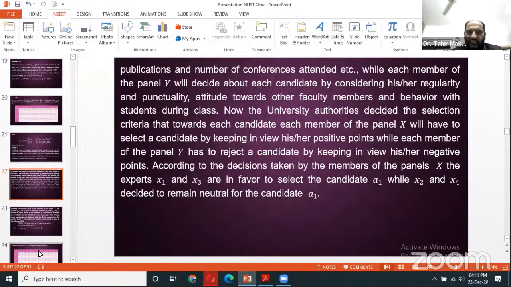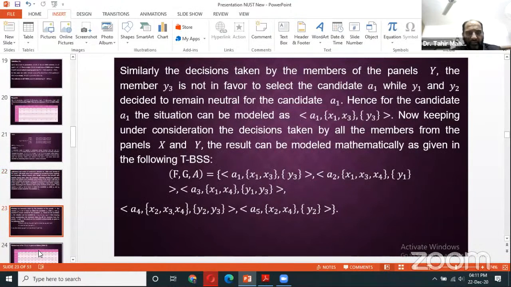According to the decisions taken by the members of the panels X and Y, the experts X1 and X3 are in favor to select the candidate A1, while X2 and X4 decided to remain neutral for the candidate A1. Similarly, in the decisions taken by the members of the panel Y, the member Y3 is not in favor to select the candidate A1, while Y1 and Y2 decided to remain neutral for the candidate A1. Hence, for the candidate A1, the situation can be modeled as this one.